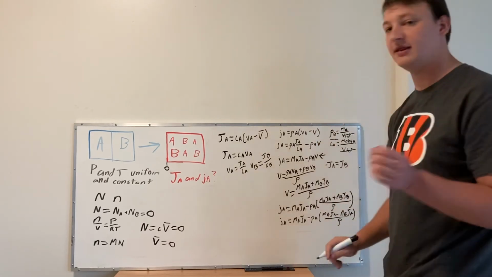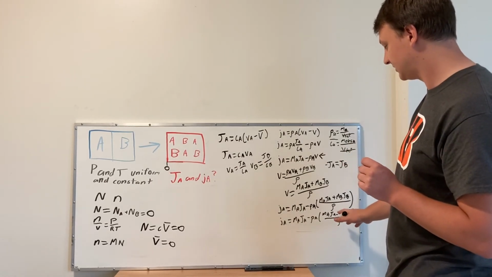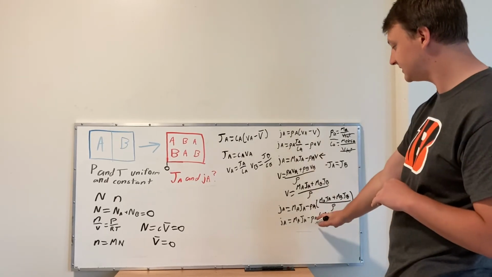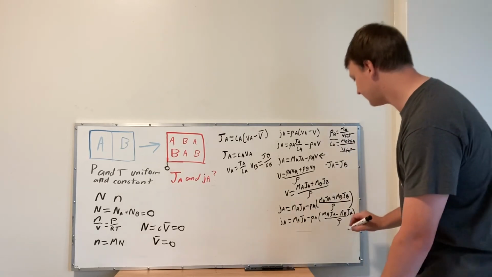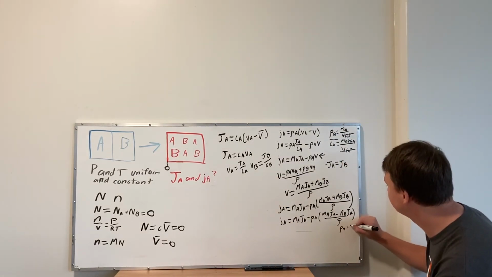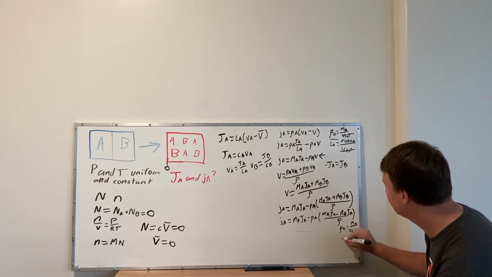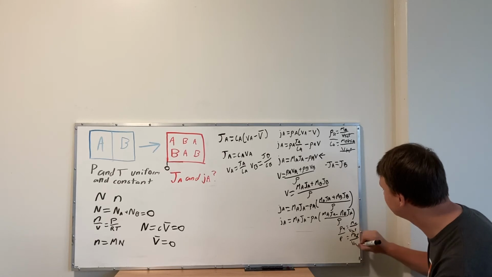Now, we have one last thing to do before we take out the molar diffusive flux of A. And that's density of A over total density. Now, just like above, we have density A, just mass A over volume total, and density equals mass total over volume total.